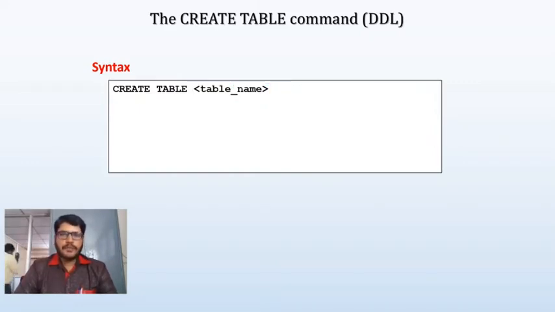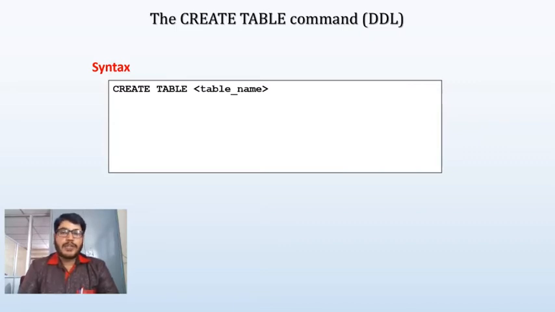After this, you have to provide the column definition here. Whenever we are going to create a table structure, it must have certain columns within it. It may sometimes have 3 columns, 5 columns, 8 columns. Depending upon the requirement, the DBA will decide how many columns I should include within a table.